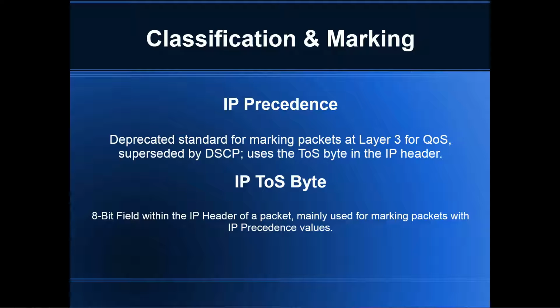And how it really works is it's a flag or a switch inside our IP header that allows us to do our class, which that's our IP ToS. Again, it's 8 bits, so 1 byte, and within there you can prioritize it as anywhere between 0 and 7, thus allowing for us to rank them 0 to 7.